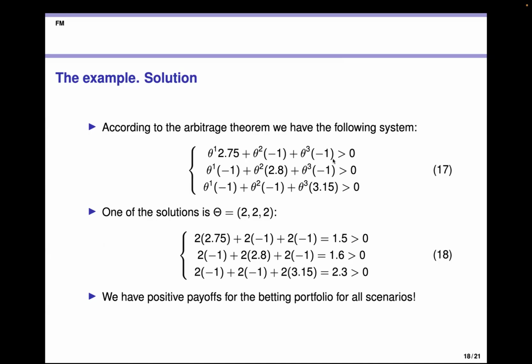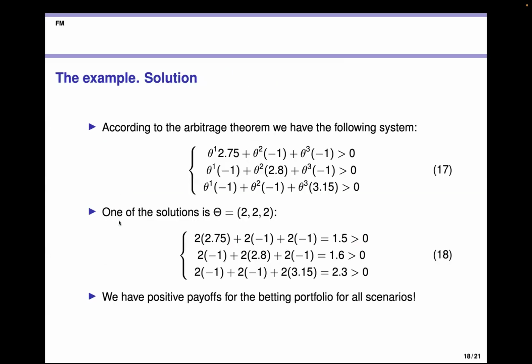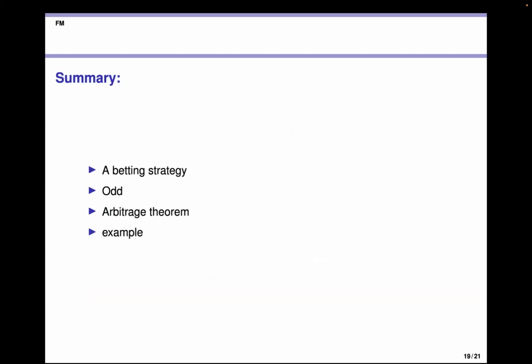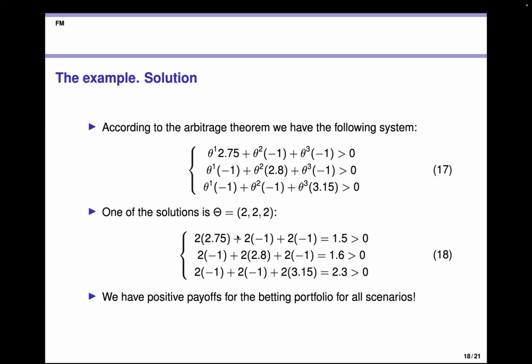But we state that the total is more than zero. In the next scenario this outcome is true, but this and this are not, so we lose on those, but we win on this one. And the last outcome is this.